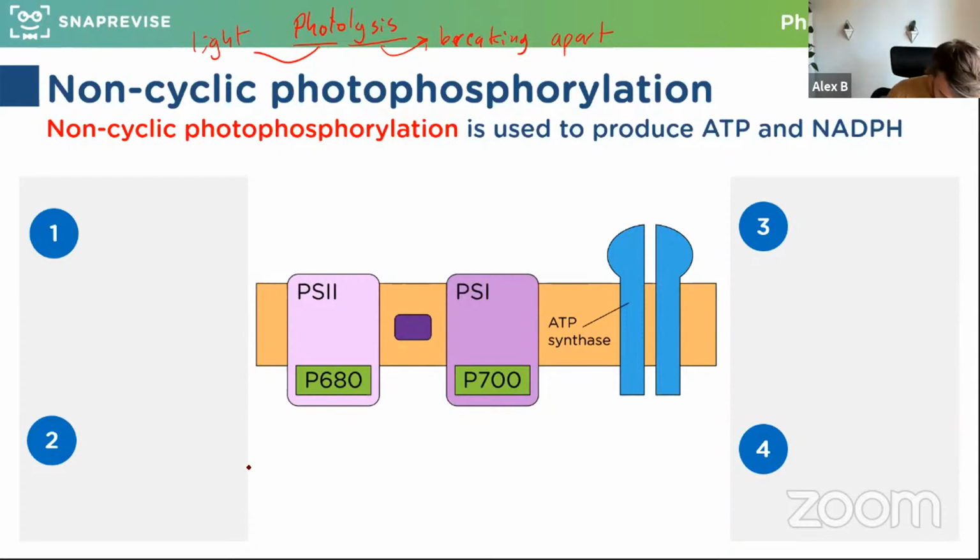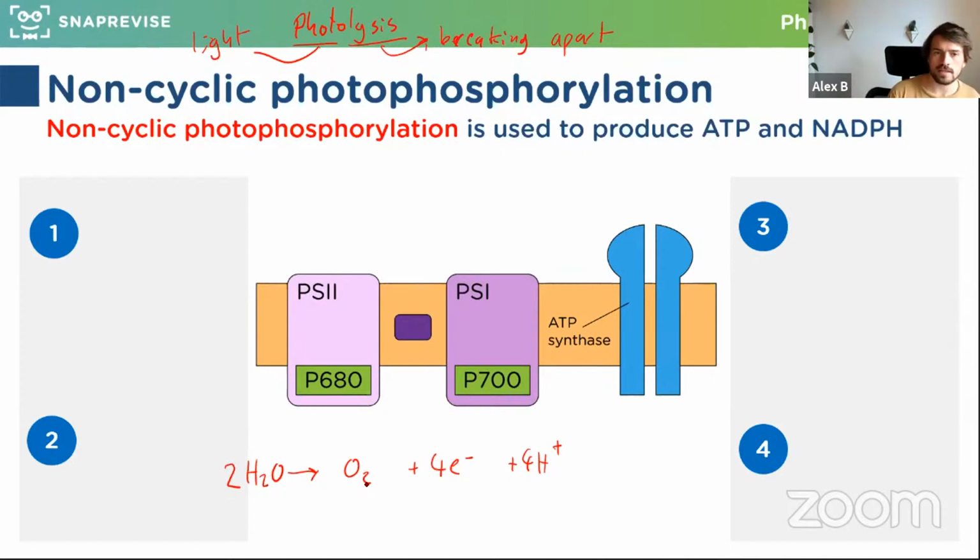So let's put that on. H2O is split into O2 plus e minus plus H plus. Now you can balance this two ways. I prefer doing it this way, and then 4 and 4, because then you get one whole O2.